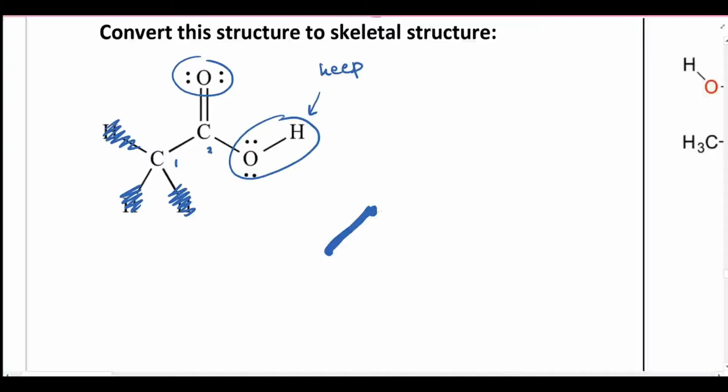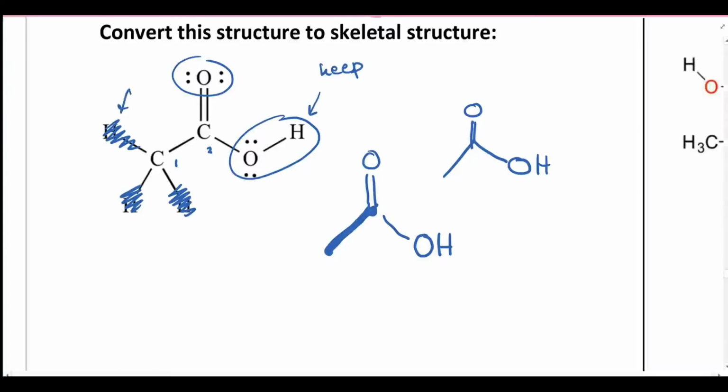And on carbon number 2, I have one side is an OH bond and the other one is a double bonded oxygen. Let me make that a bit clearer. There. Now we're done with the skeletal structure of acetic acid. More or less it looks like that. See, it's very, very easy and short to draw. That's why we're going to be using the skeletal structure, because once our molecule becomes more and more complicated, it's really annoying to keep having to draw the hydrogens.